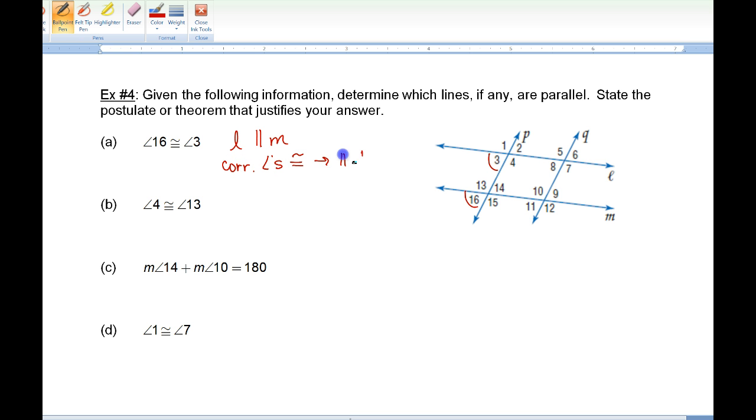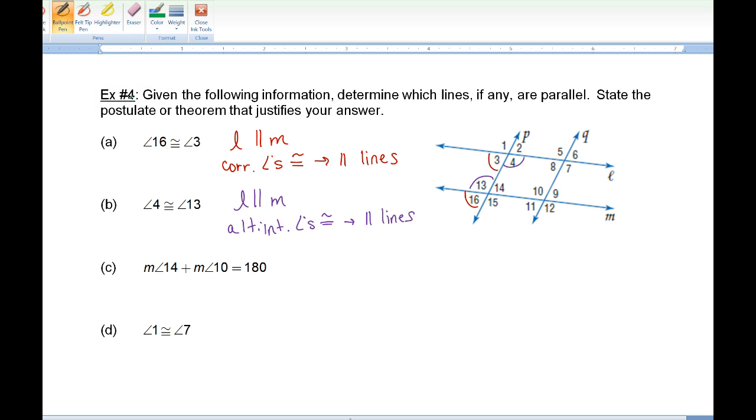Congruent implies parallel lines. Next one, I'll just use different colors, 4 and 13. So those are alternate interior. So again, that's going to be L parallel to M. And I just said those are alternate interior angles. Congruent implies parallel lines.